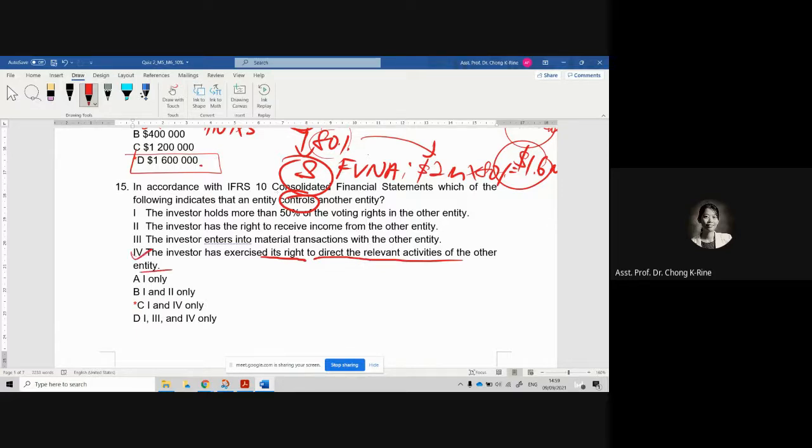So this is one of the answers, and another one is 1. If we hold 50% and above voting right, we have control. If you hold 50% of shares, this is not the best answer. You have to make sure 50% is voting right. Voting right means you are in control. You can vote for this and that. Even if you don't want to exercise your voting right, that is your business. You're still in control.